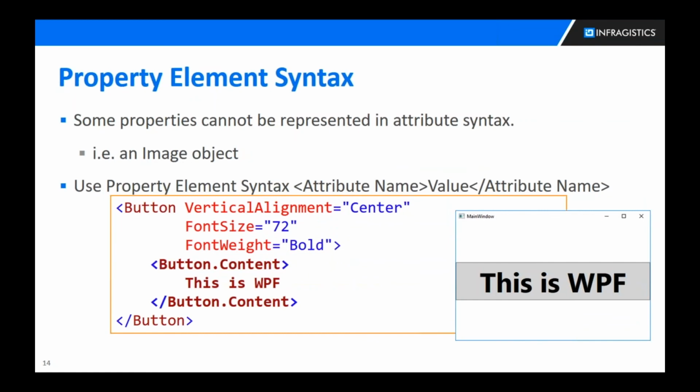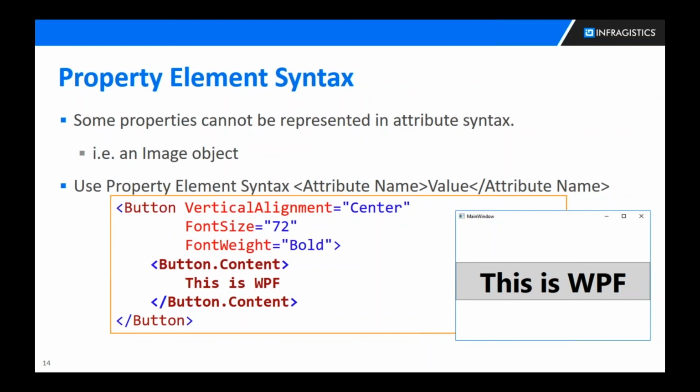Also, there's another way to set the value for the attribute. This is called the property element syntax. Some properties cannot be represented in attribute syntax, which means they cannot be typed as a string. Like I show here, an image object itself cannot be represented by a string.